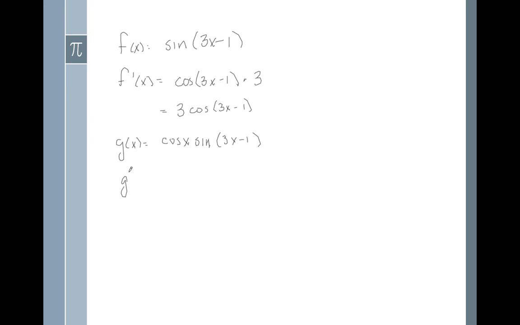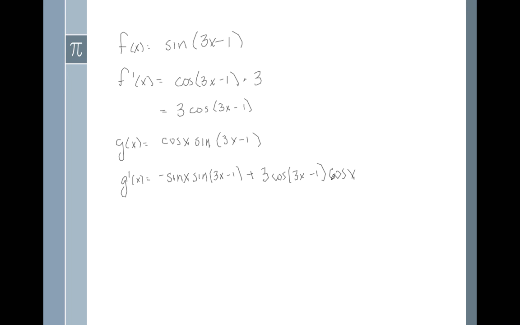So if I was to find the derivative of g, it would be the derivative of the first function, which is negative sine of x, times the second function, plus the derivative of the second function. Well, we said that was this, the 3 cosine of 3x minus 1 times the first function to begin with, and like that.